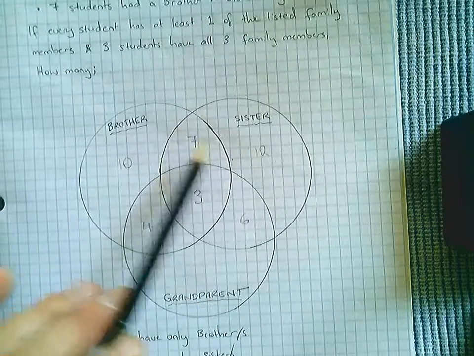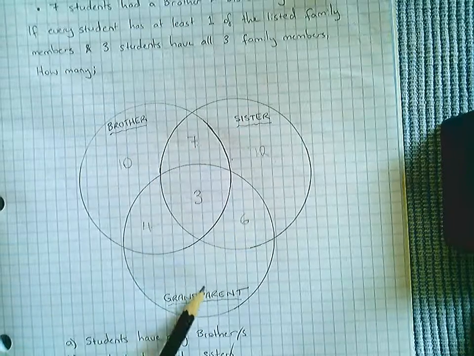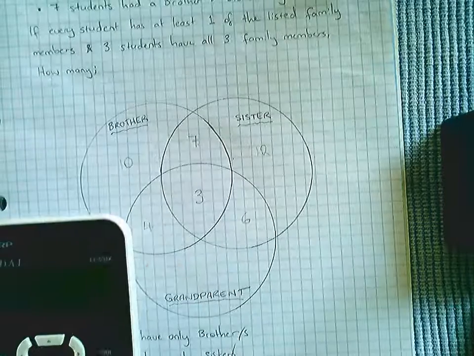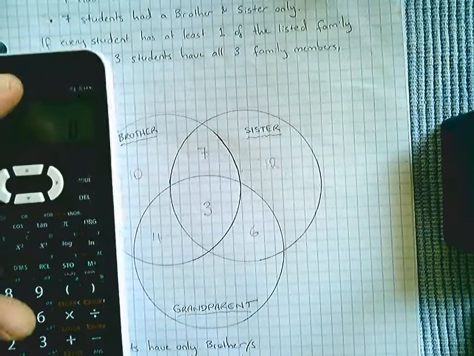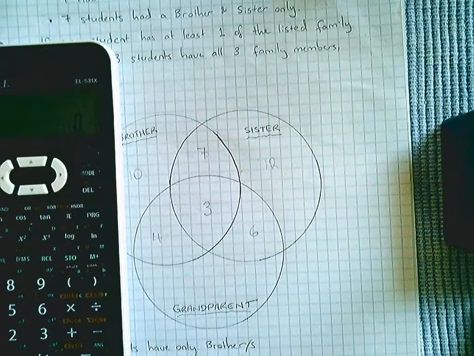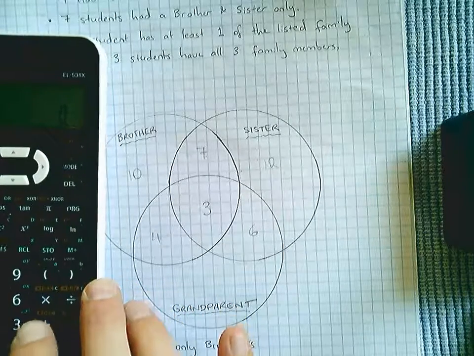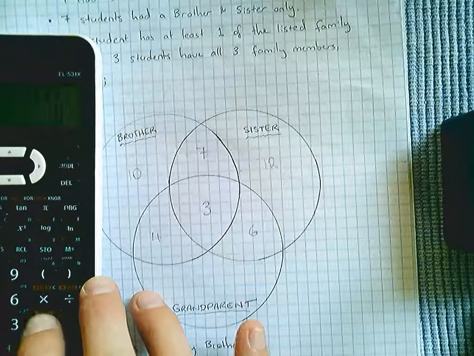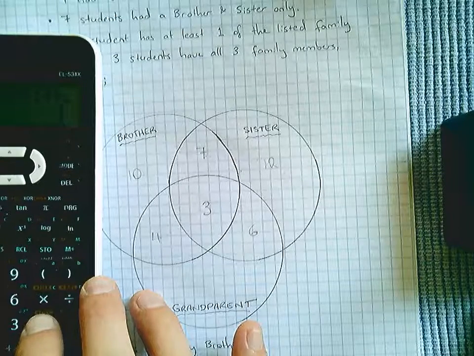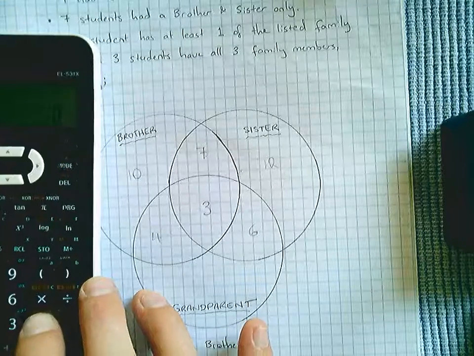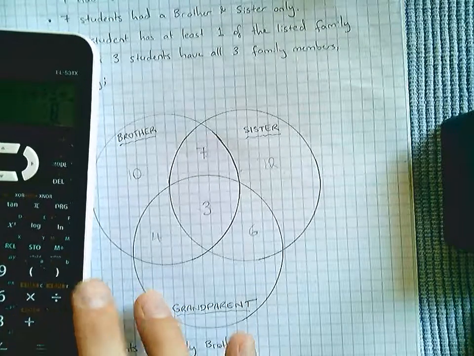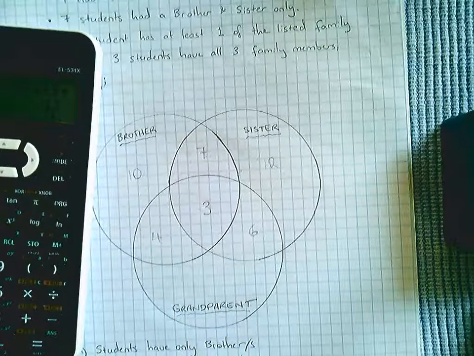So 10 plus 7 plus 12 plus 6 plus 3 plus 4 plus whatever this is going to add to 50. I get my calculator and I start adding these numbers together. Oops, sorry, let me start again. 10 plus 7 plus 12 plus 4 plus 3 plus 6 is equal to 42.